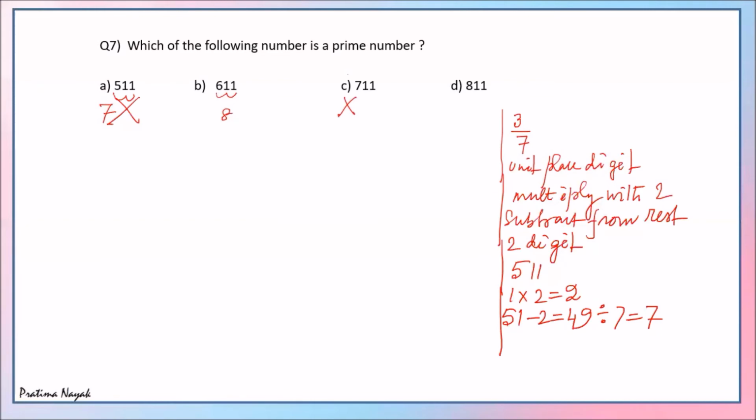So next number, I'll go for 11. 611, take the sum of these two, it is 7, and the middle one is 1. They are not equal, so it is not divisible by 11.